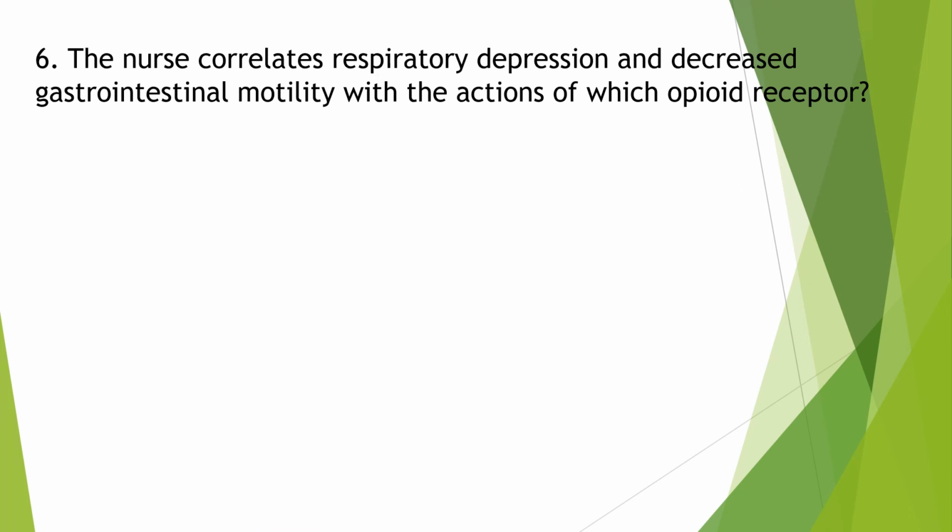The nurse correlates respiratory depression and decreased gastrointestinal motility with the actions of which opioid receptor? Is it a delta, kappa, mu or beta receptor? You know that receptors are present in different sites of our body where this particular drug will be going and binding and action will happen.